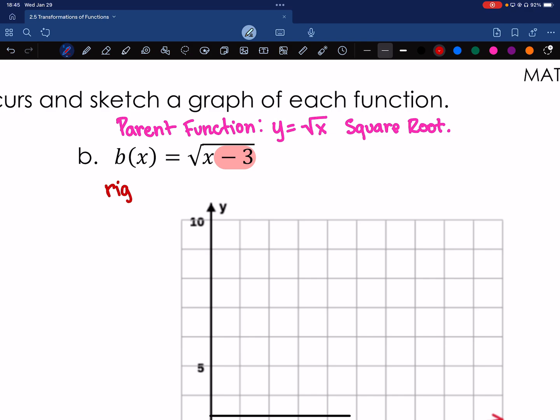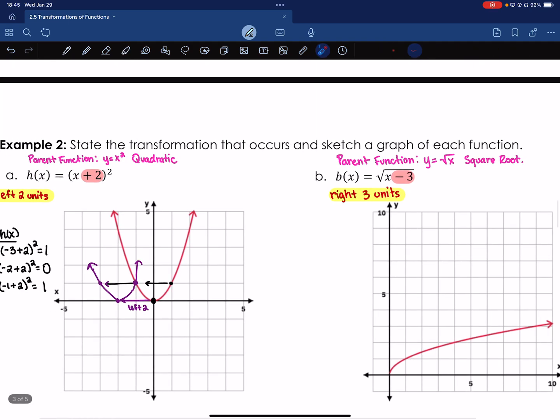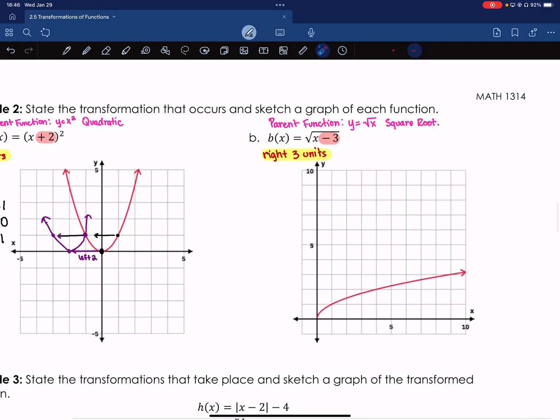So this is going to the right 3 units. Again, showing you the difference or what it looks like again on the inside of these functions. And that's how you know that it's, again, going left and right. And once we put both transformations together, you'll see that even more.